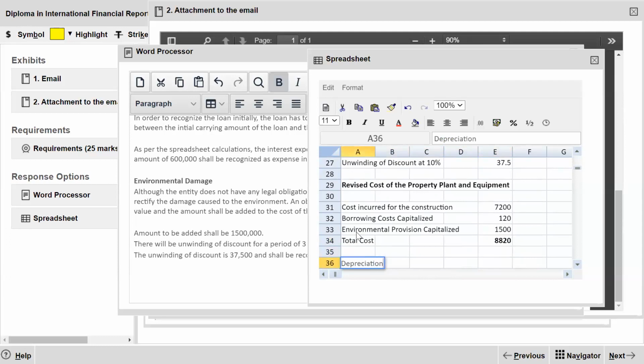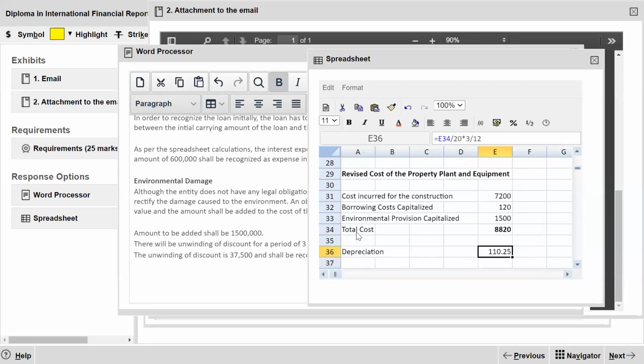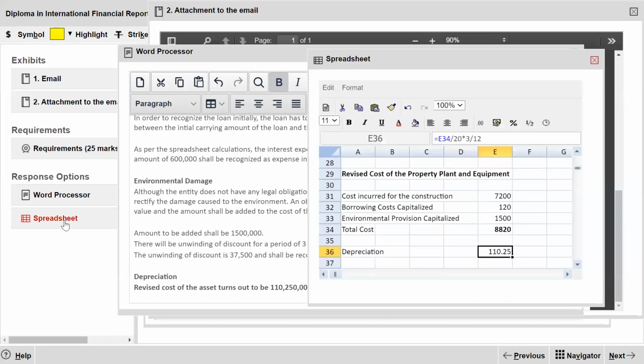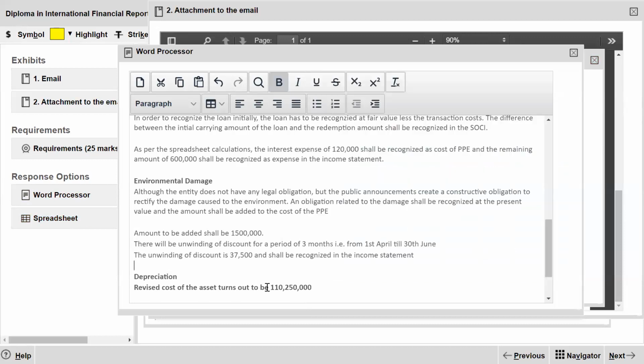The depreciation is going to be what? This is divided by 20 years, multiplied by 3, divided by 12. The revised cost of the asset turns out to be 8,820,000.